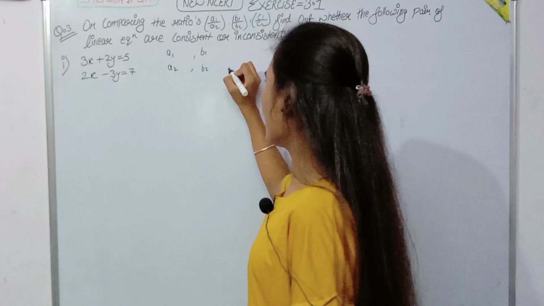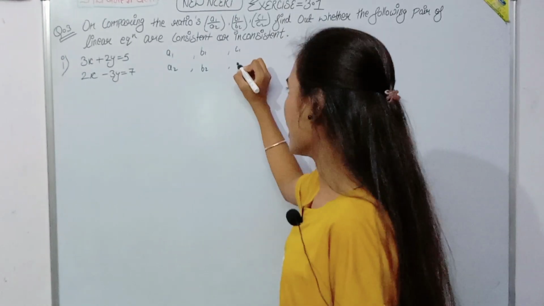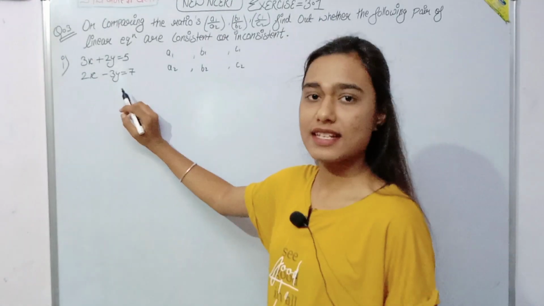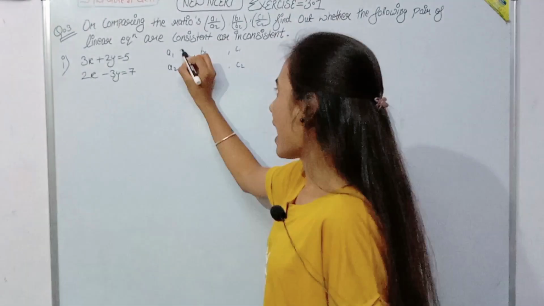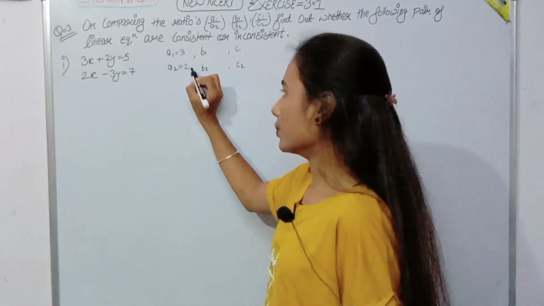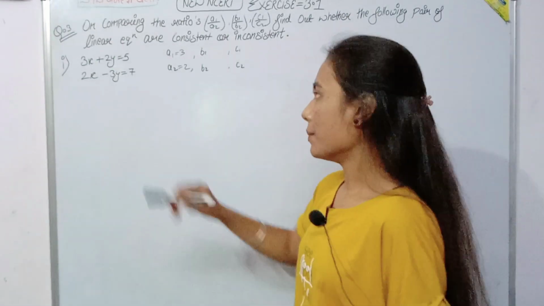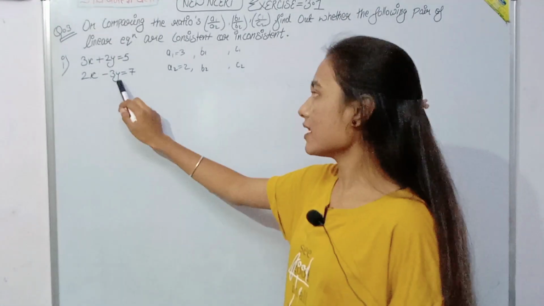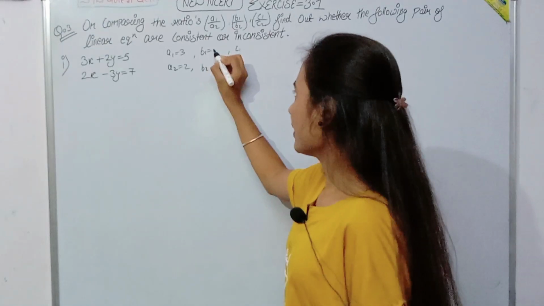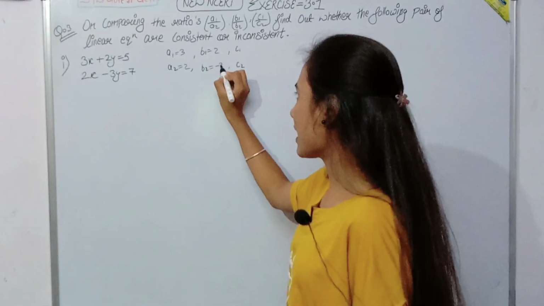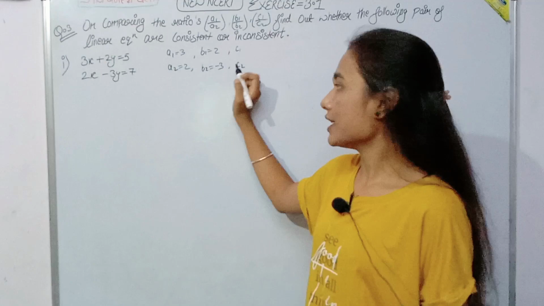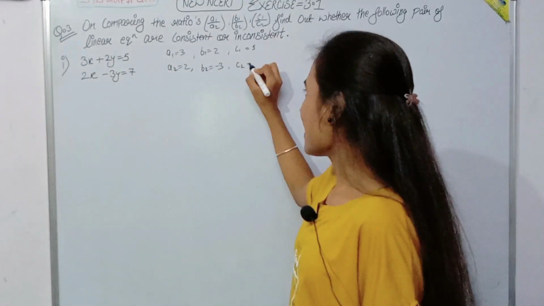What is the value of a1 upon a2 here in this equation? That is a1 equals 3 and a2 equals 2. Then what is the value of b1 and b2 here? b1 here is 2 and b2 here is minus 3. c1 and c2 are 5 and 7.